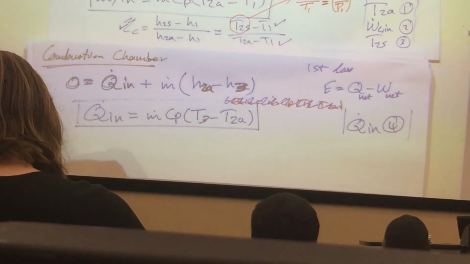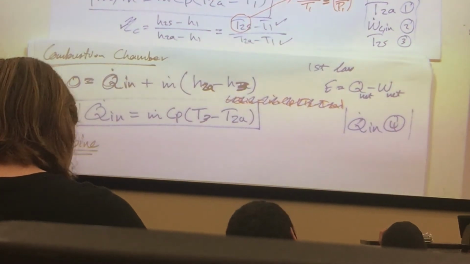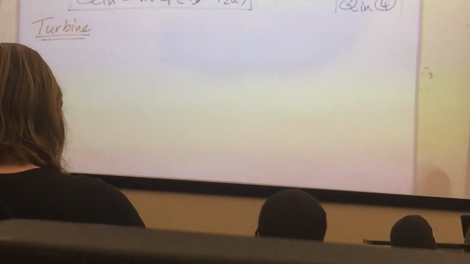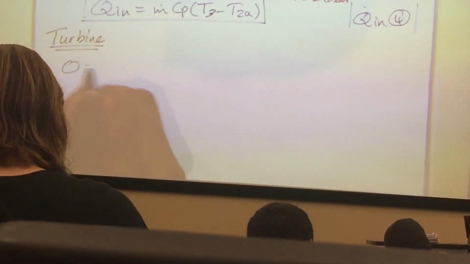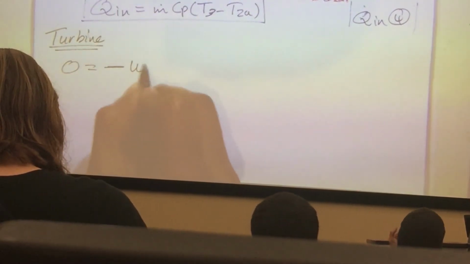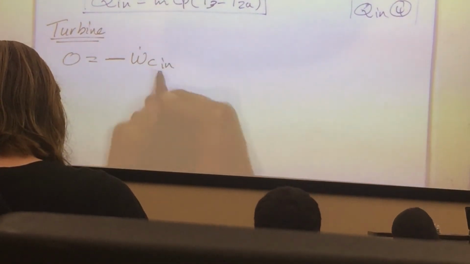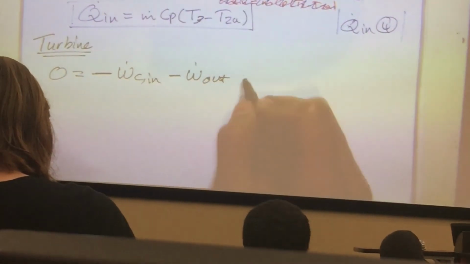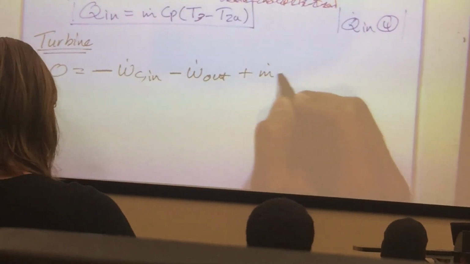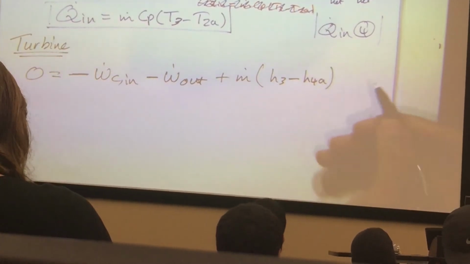Turbine. Same principle. 0 is equal to minus, I'm going to follow my sign convention, work in from the compressor versus the work out that I'm going to get, plus m dot (H3 minus H4A).